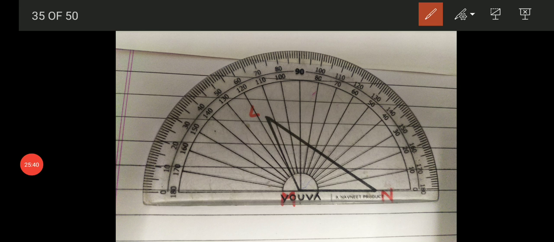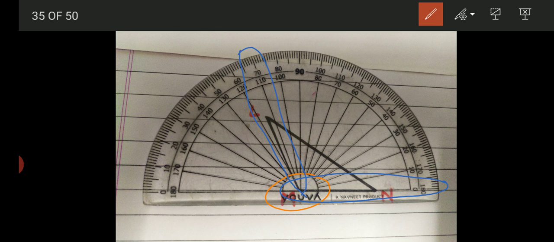I have placed my protractor with its midpoint on M. Since I have placed it upon point M, I am going to measure the angle M. One arm of this angle M is moving towards the 0 degree, and the second arm of this angle M, if you have a close look, is moving somewhat after 110 degree, children.